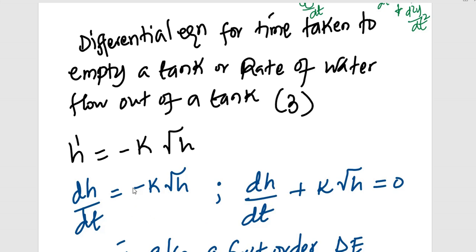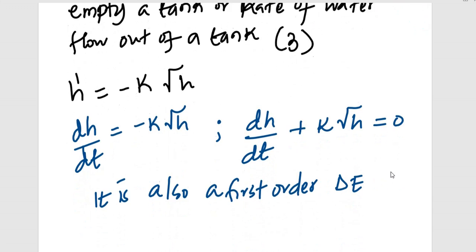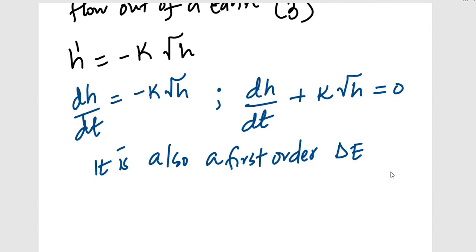This equation can give us how much time it takes for a tank to be emptied, or how long it takes for the level of water in the tank to fall between 2 points. Or it can also tell us how much will have gone out of the tank, or the change in level in a particular time. So the differential equation is dh/dt plus k root of h equals 0, and this is a differential equation of order 1.